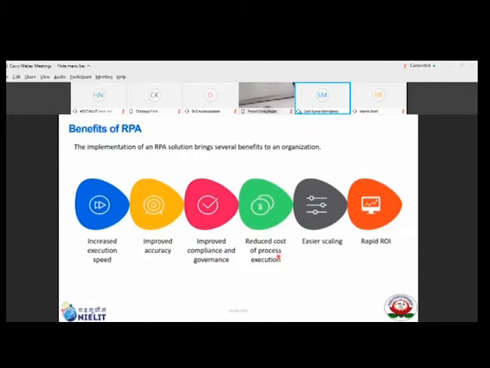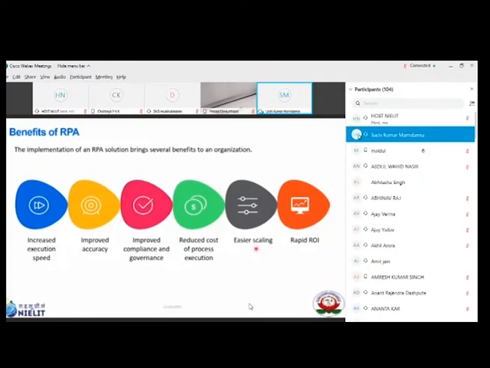Reduced cost of process execution. Of course, it reduces the cost, considering the time of execution or completion of the work versus the amount of investment you put into hiring manpower. It scales easily because, as I told you, if you can write a workflow for one bot, you can create instances of these workflows, make them run on parallel computers, and all these computers do the same job for you.